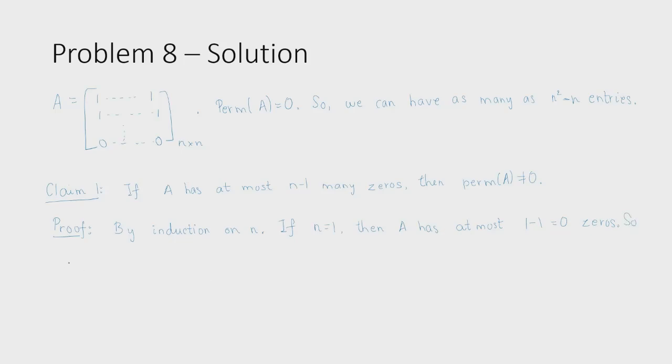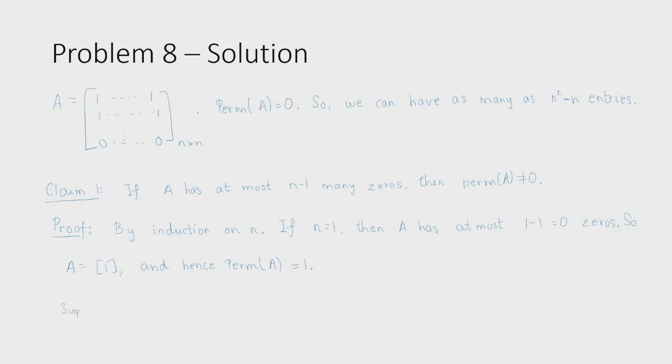So A is this matrix. Hence, the permanent of A is 1, which is non-zero. So in the base case of n equals 1, this claim is certainly true. Now let's look at the induction step.